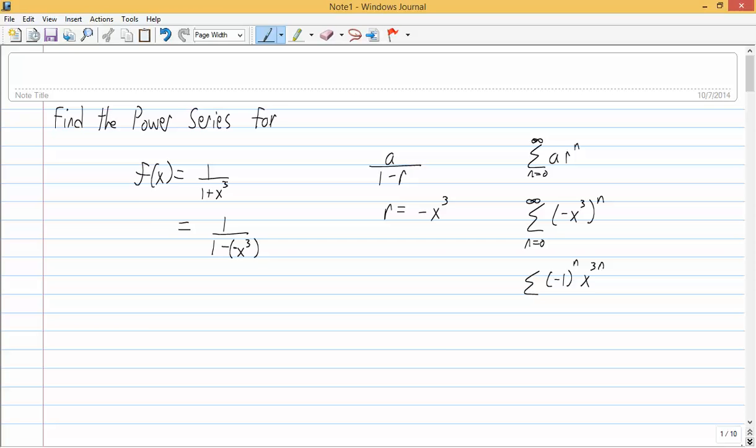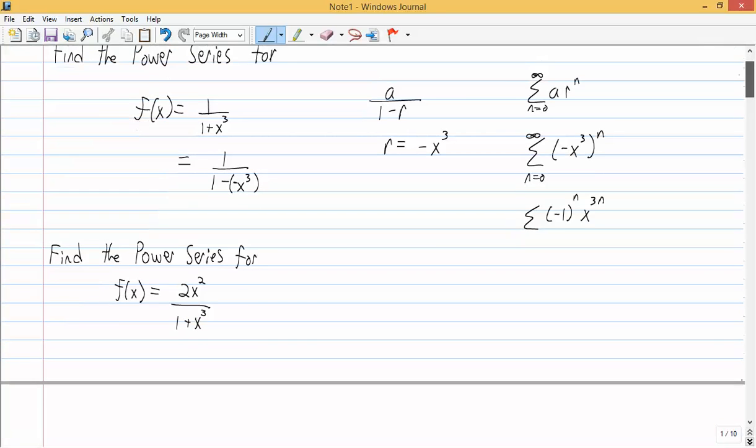Now I'm going to introduce a pretty easy to understand concept. If we have something that looks similar to something that we already know, like let's say I wanted to find the power series for f of x equals 2x squared over 1 plus x cubed.